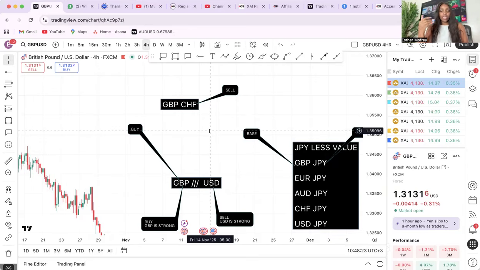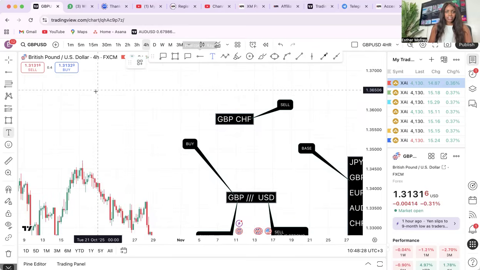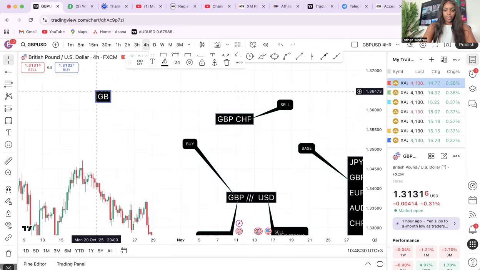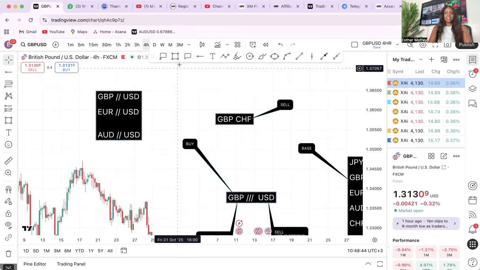So imagine someone is trading these three pairs: GBP USD, Euro USD, and then they are trading Audi USD. I want you to tell me, what is common with these three pairs? They are sharing a quote.